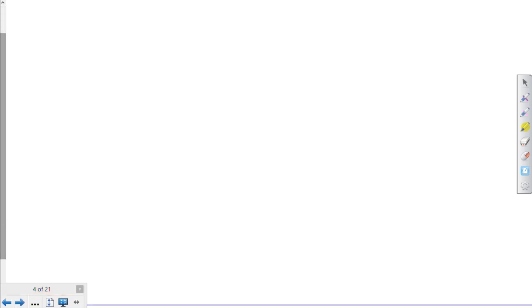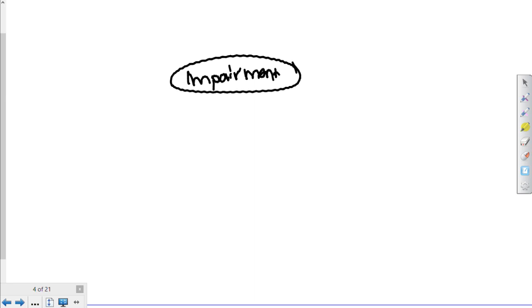But what I want to talk to you now about is subsequent measurement. So far we've dealt with 3 steps of accounting treatment for impairment. We've dealt with definition, recognition, and initial measurement, and now we're going to deal with subsequent measurement.